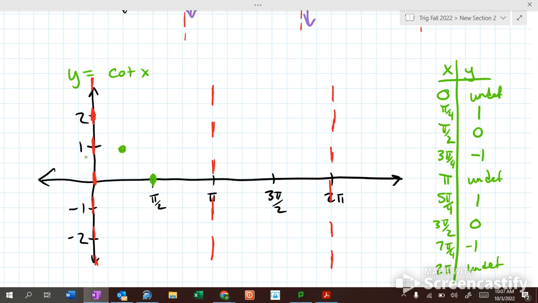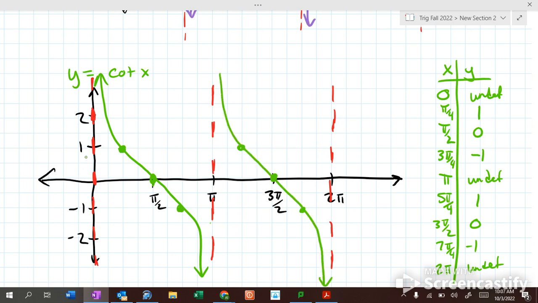Pi, I'm at 0. 3 pi over 4, I'm at negative 1. 5 pi over 4, 1. 3 pi over 2, 0. 7 pi over 4, negative 1. So I've kind of got an asymptote going. Slide this way, asymptote going. And there you are.